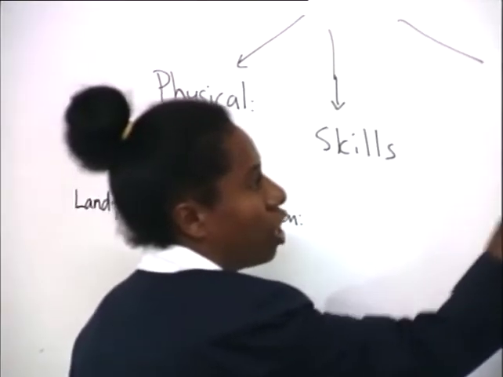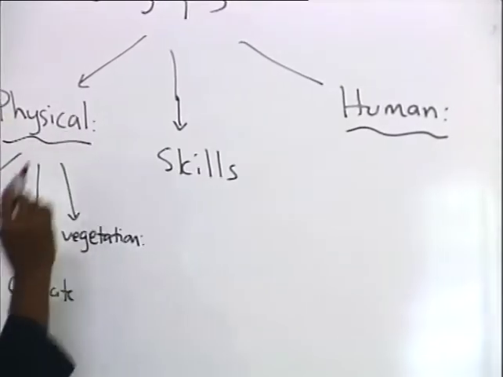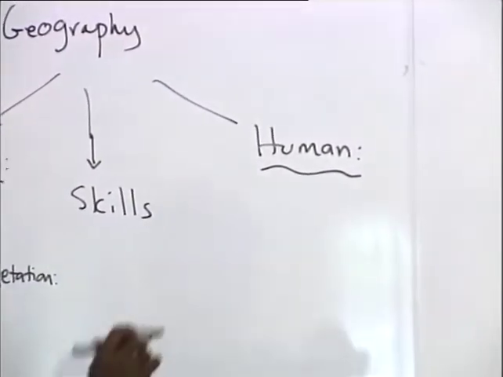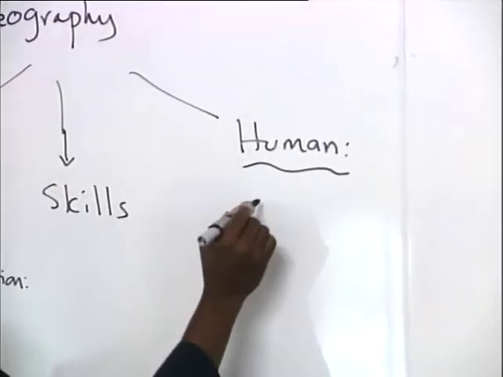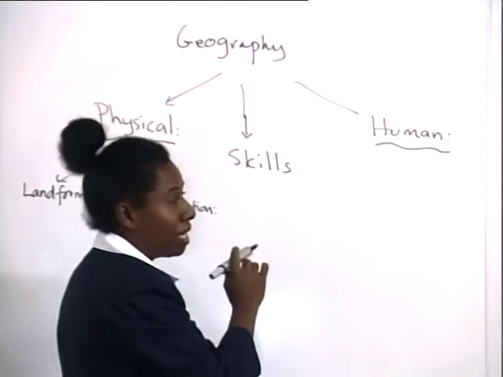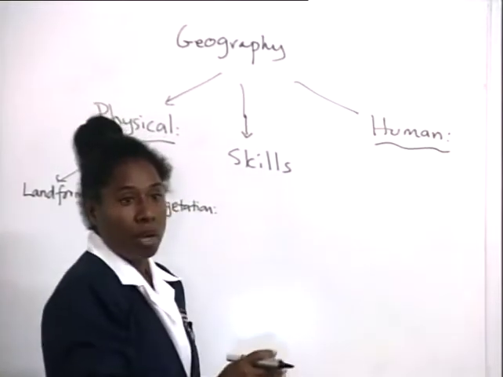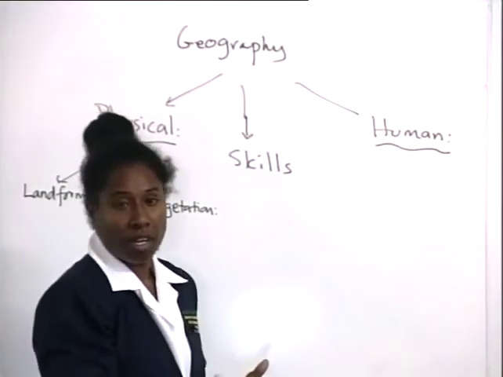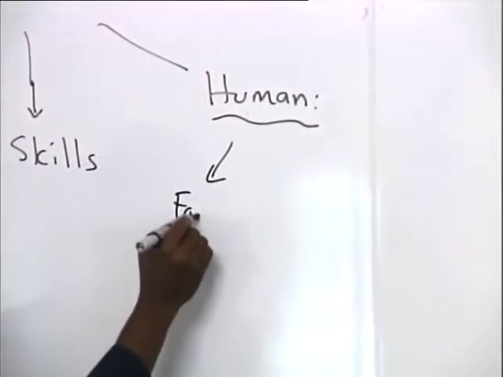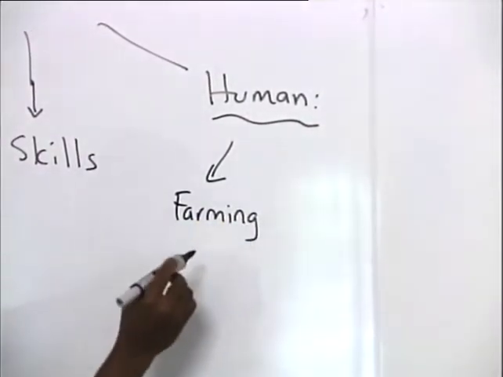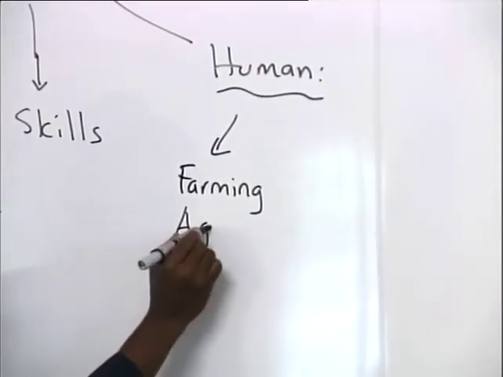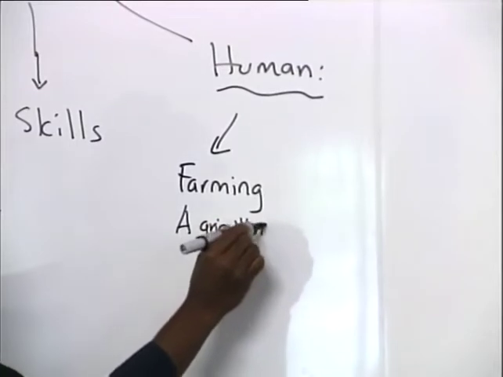Now for the section on human geography, we are covering it by looking at the case study. You have to note that some of the subtopics which are very important, which will be topics on their own in grade 12, will be, first of all, farming. When we look at farming, it is mainly to do with agriculture.